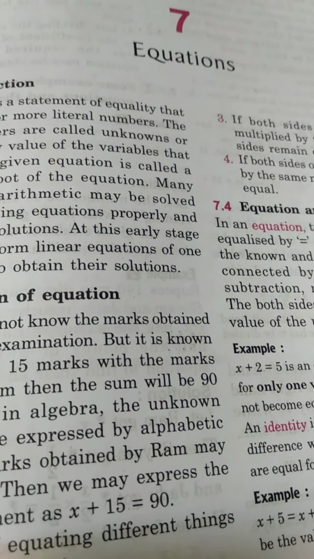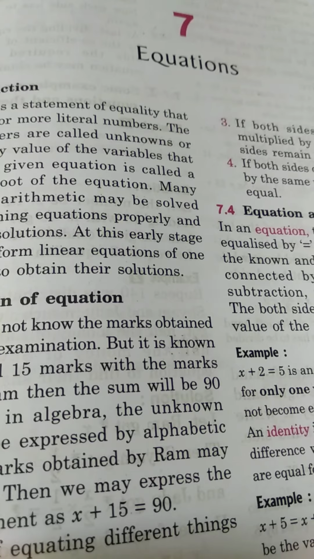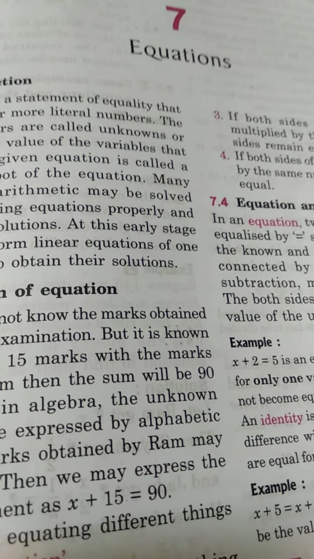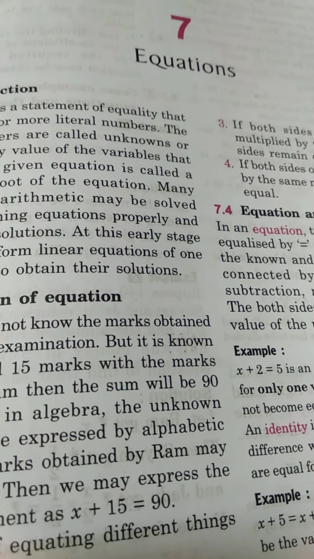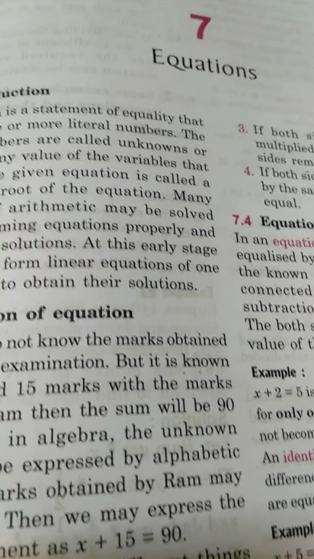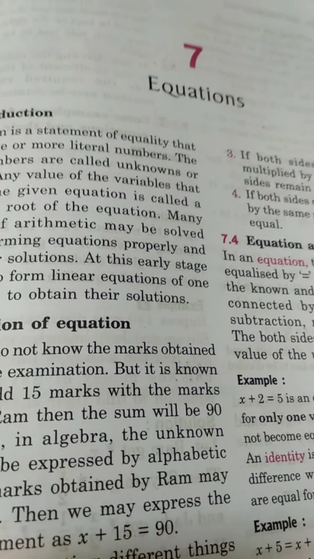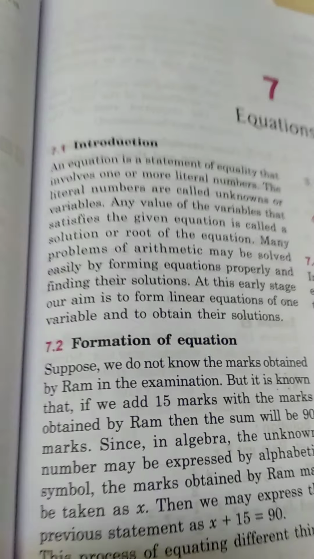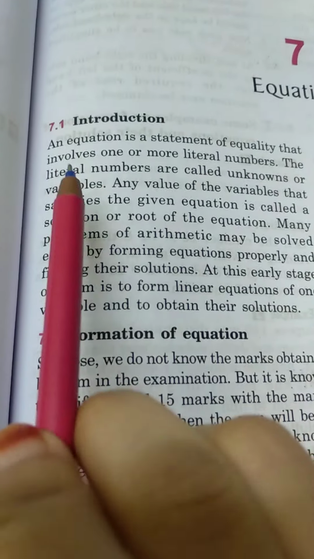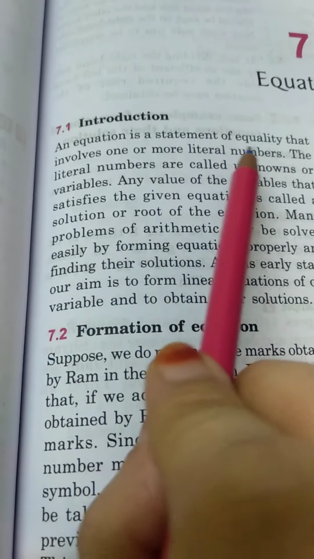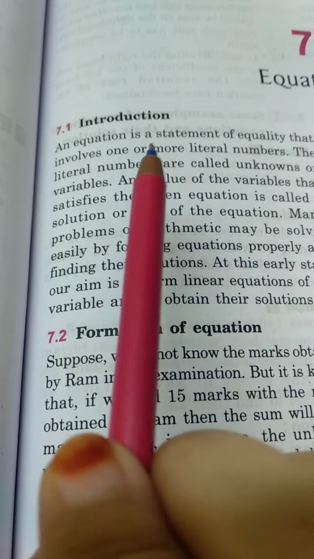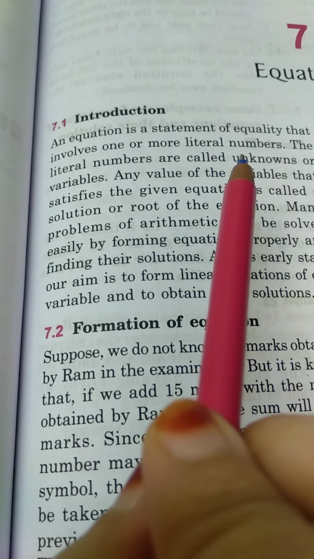Now, equations is related to the algebraic part. I hope you all know what variables and numerals are. So, what is an equation? Let's see the introduction. An equation is a statement of equality that involves one or more literal numbers.